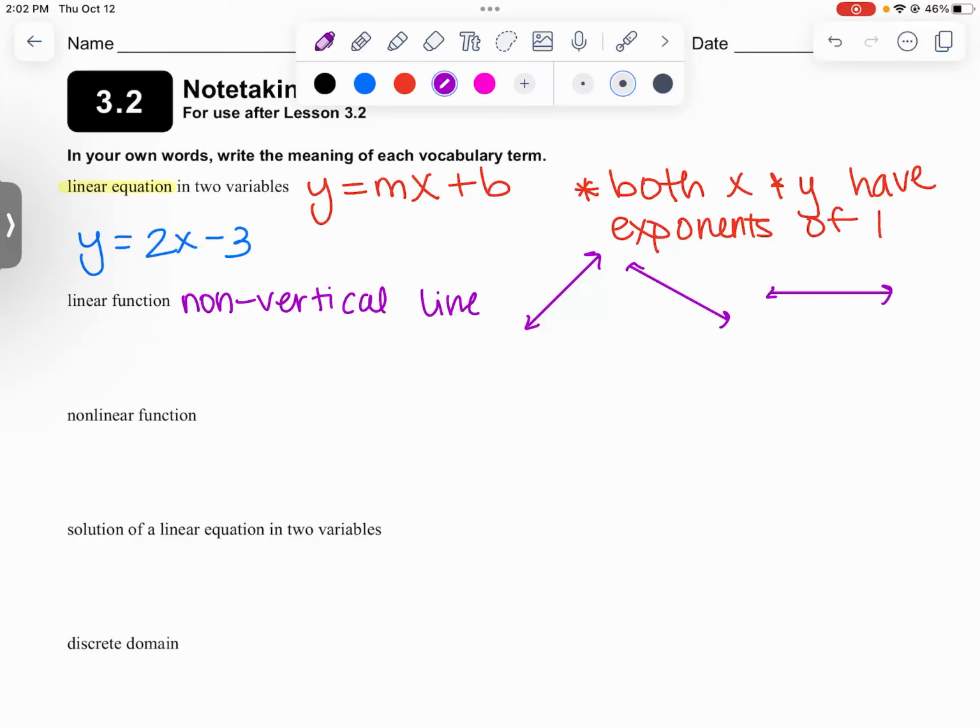Okay. Something that is important to understand is that a linear function has a constant rate of change. We are going to talk about that a lot in the coming weeks, but a linear function has a constant rate of change. That's why it is a line.